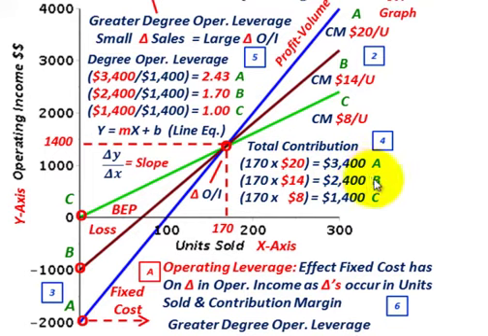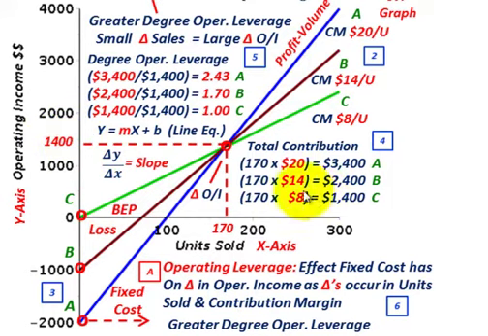So the next, for alternative B, 170 units sold times the $14 contribution margin per unit is going to give us $2,400 of total contribution. And that again would be dividing it up to $2,400. $1,000 goes to fixed cost. So the remaining amount would go towards our operating income, $1,400.